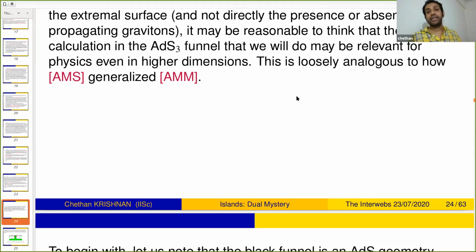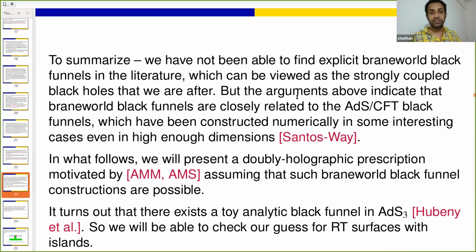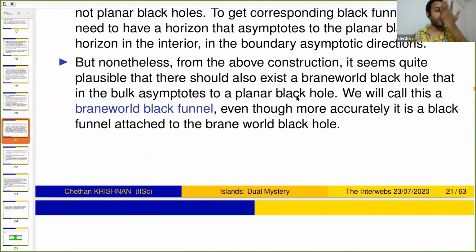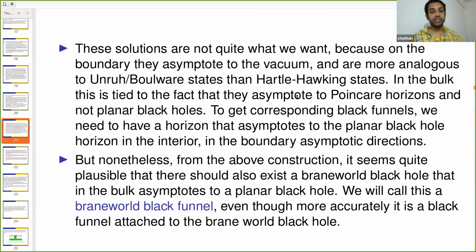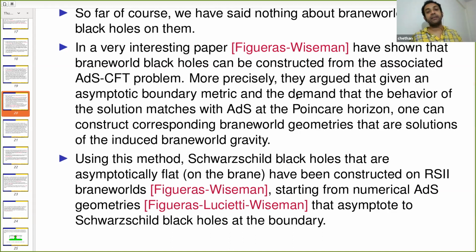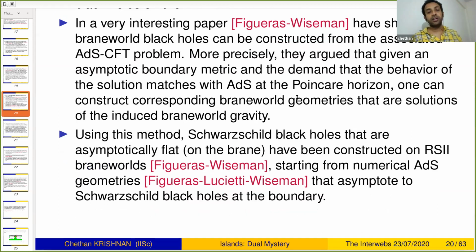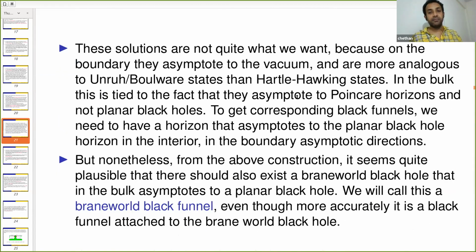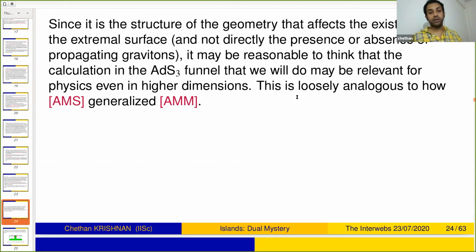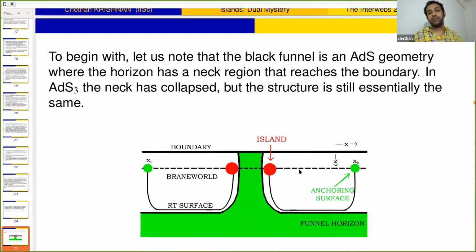But the point I want to make is that there exist systematic ways of constructing brane world black holes, starting from these boundary black holes of AdS-CFT. So I will assume that even for these black funnel spacetimes, you can construct brane world black holes, a black hole here in equilibrium with radiation here.